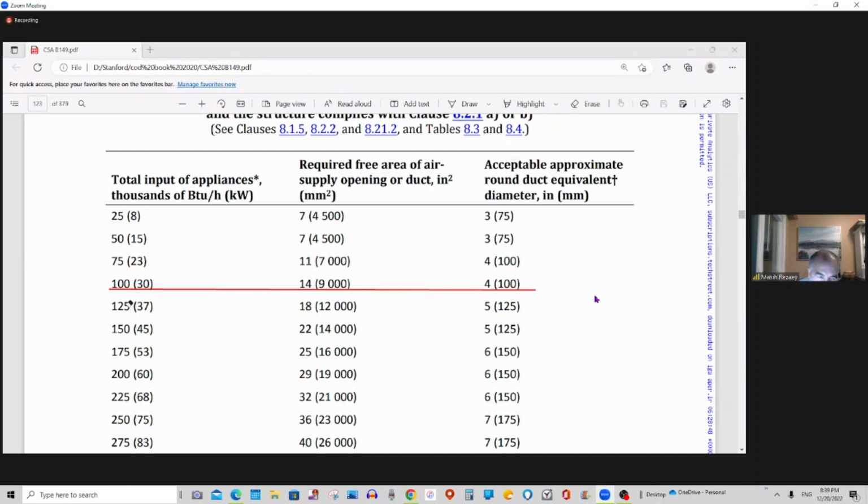So here, for that furnace, I need 14 inches square, 2 by 7 or 3 by 4 opening, or a round one, diameter 4-inch pipe. Usually we bring a 4-inch pipe from outside and leave it in the furnace room in the tight house. The new house is a tight house, okay?